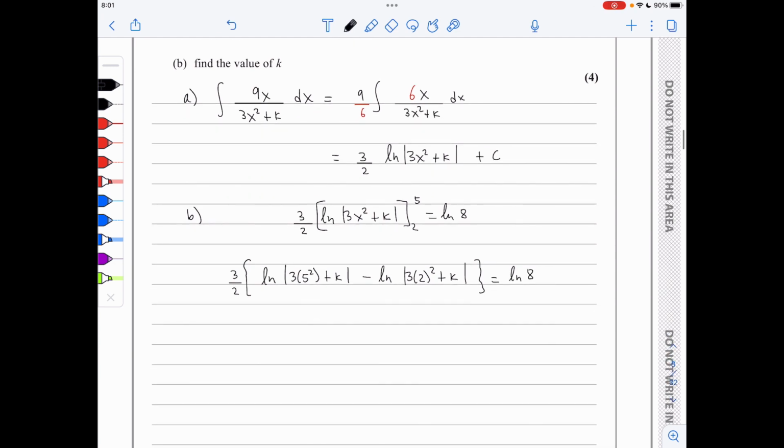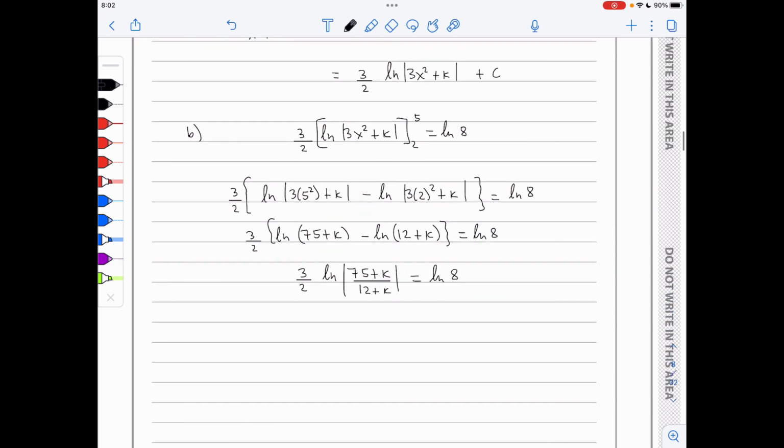So this leads to 3 over 2 ln of 75 plus k minus ln of 12 plus k is equal to ln 8. Now I can combine the two ln's to give me 3 over 2 ln of 75 plus k over 12 plus k is equal to ln of 8.